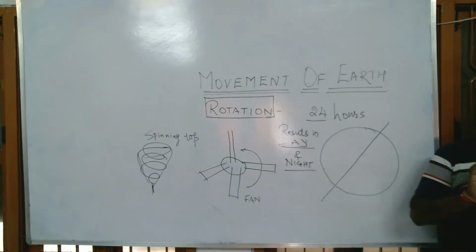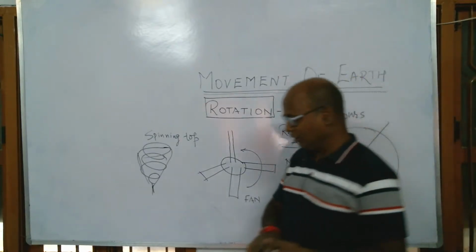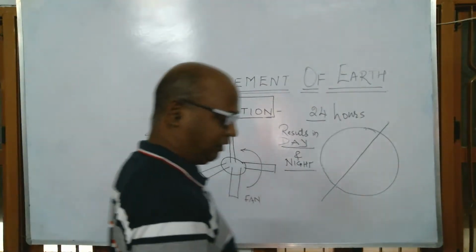Again, while rotating, the part which is not facing the Sun will come in front of the Sun. Then that part gives you light. So we will say that there is day in that part, and in the part opposite to that there will be night. Okay. Now, apart from this rotation, the other movement is also shown by the Earth.